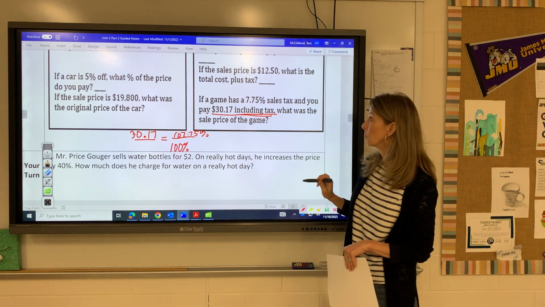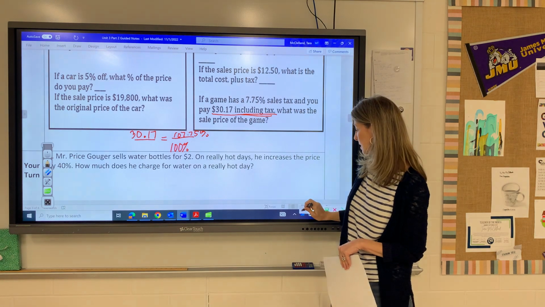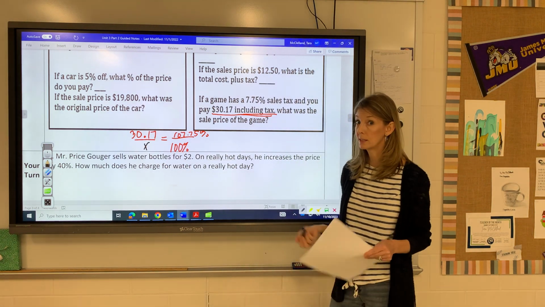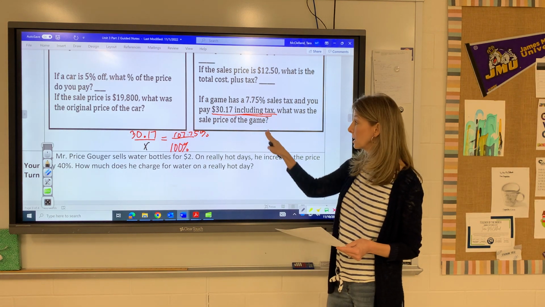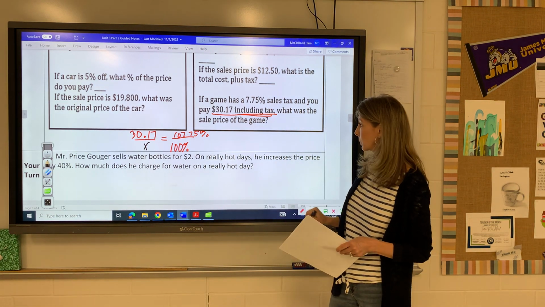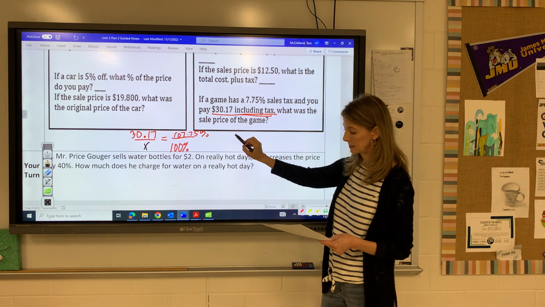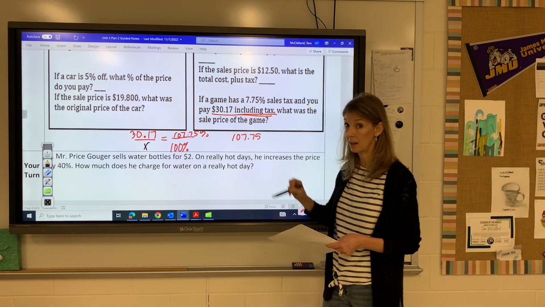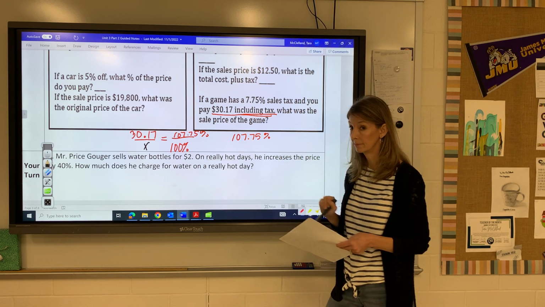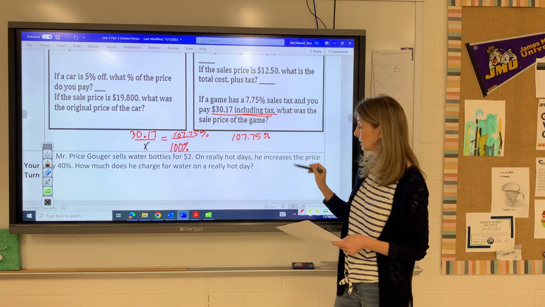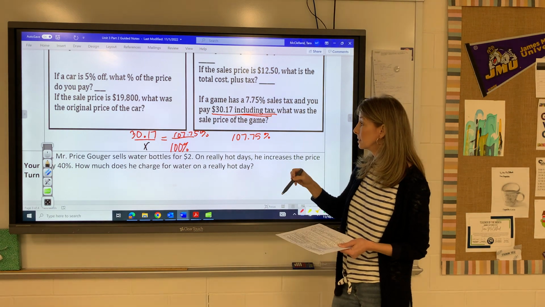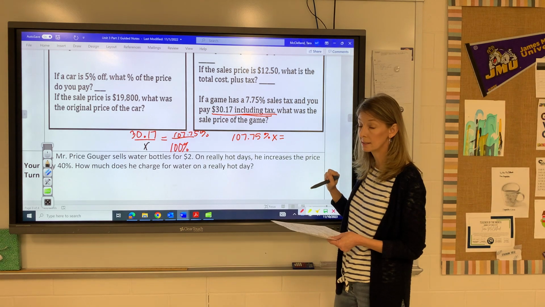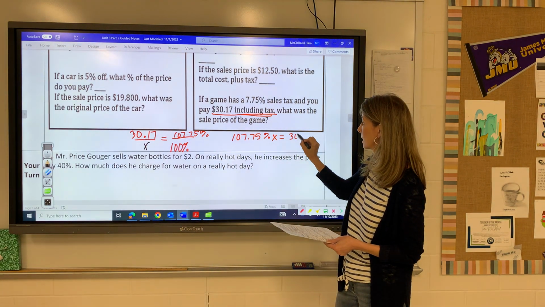So $30.17. What we don't know is the price without the tax. We're going to cross multiply here and solve. If you write this as an equation, here's how it would look. We would say 107.75% of X equals 30.17.